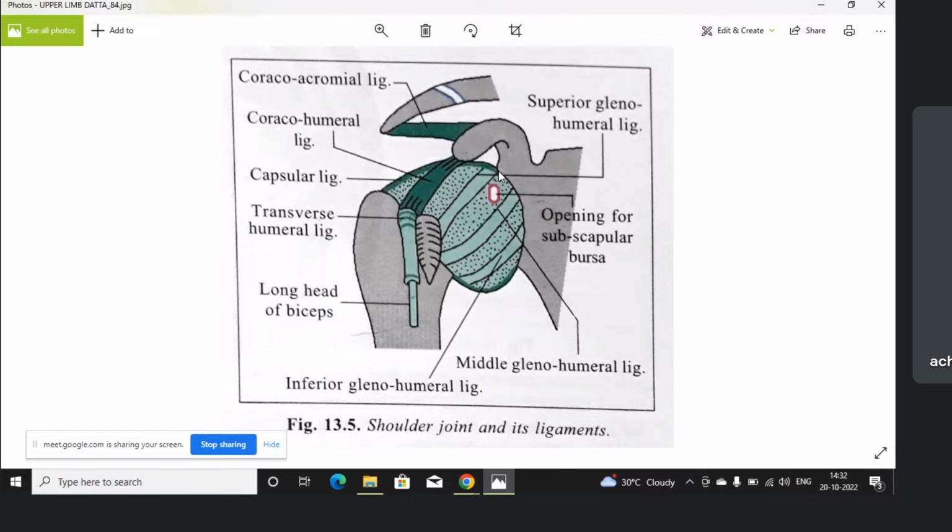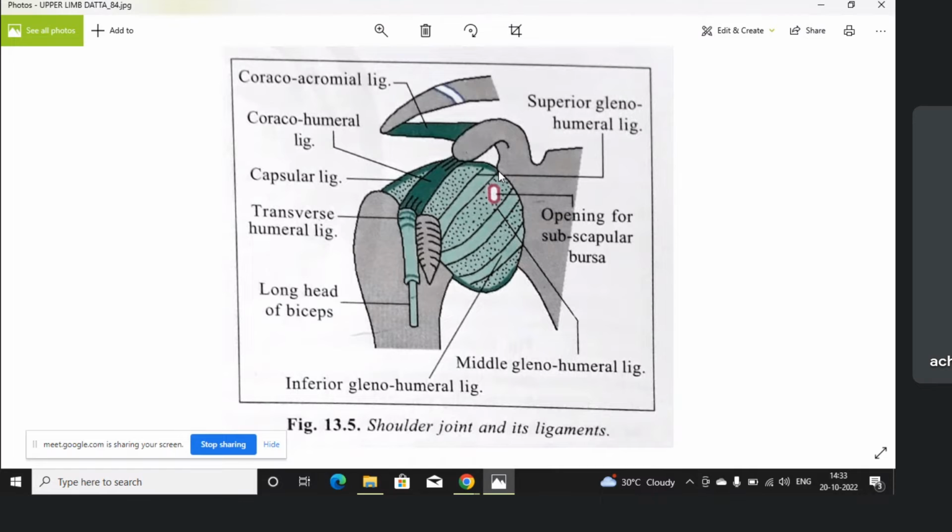Number 1, superior glenohumeral ligament. Number 2, middle glenohumeral ligament. And number 3, inferior glenohumeral ligament. Okay, there are 3 ligaments.